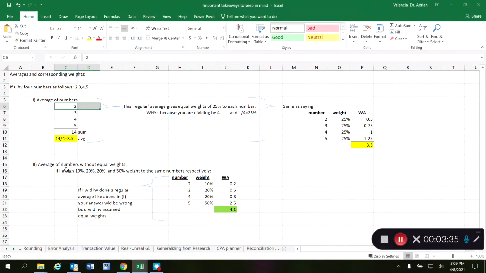So here's where I give you the example of averages without equal weights. Assume that these are the weights that you are going to be applying for each one of those numbers that we just looked at.